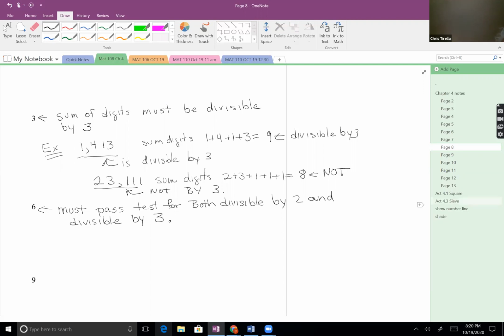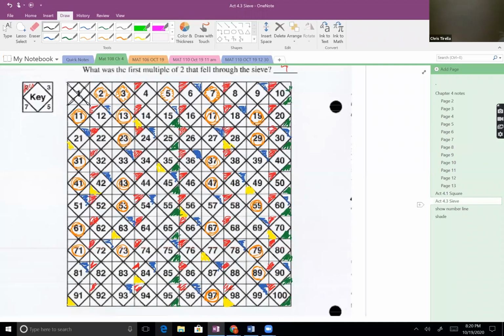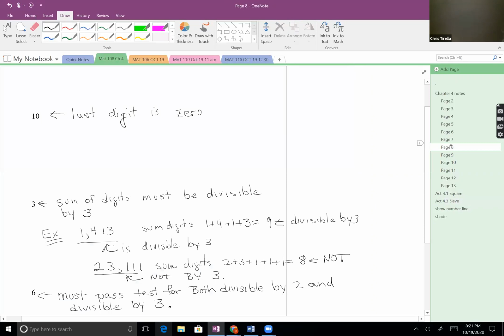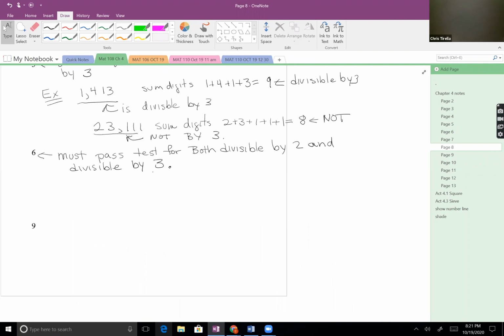For a second, I'm going to jump back to our colored in sieve. And when I look at the colored in sieve, you see how 6 is divisible by both 2 and 3. Then next, 12, 18, 24. And so our multiples of 6 have to be divisible by both 2 and 3. And so to tell if a number is divisible by 6, it has to be divisible by both.